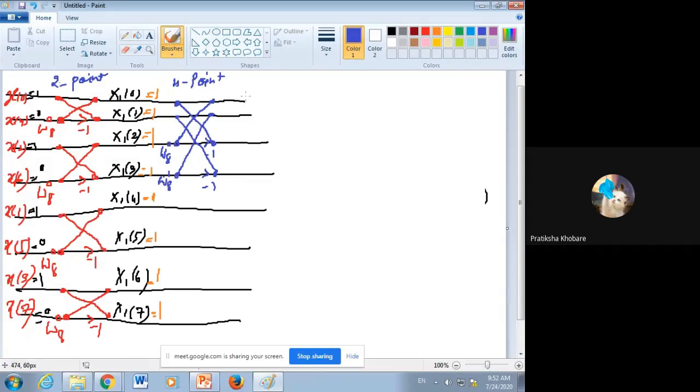Now can you calculate the value here? Or further, can I complete this diagram? So let me complete this diagram. यहाँ पे diagram समझ में आया आप लोगों को? How I am writing this 4 point? Now let us complete this diagram first, then we will go for the computation. So ये complete करो पहला diagram.